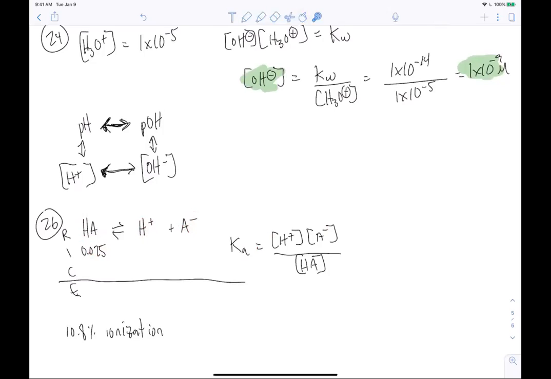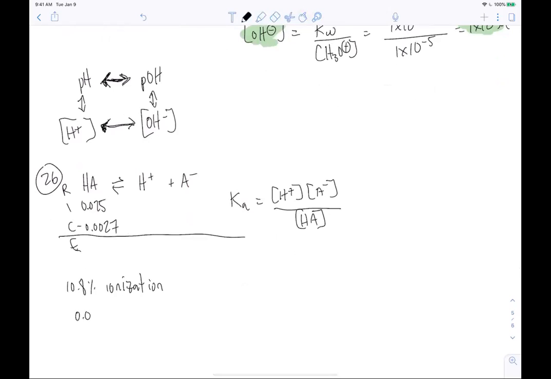So we want to subtract out 10.8% of 0.025. That's going to be minus 0.0027.